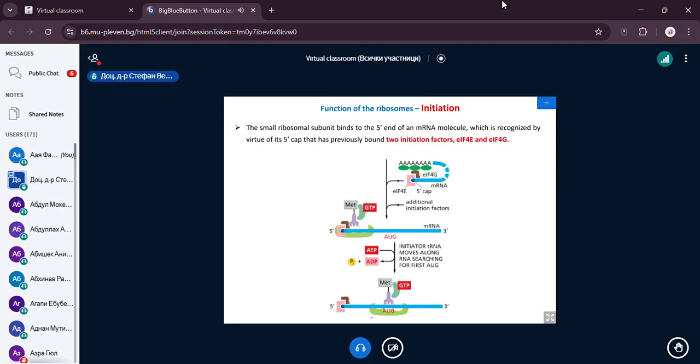And then this small ribosomal subunit binds with messenger RNA and starts to scan the nucleotides of the messenger RNA until it reaches the so-called start codon, AUG. This start codon encodes the addition of the amino acid methionine.